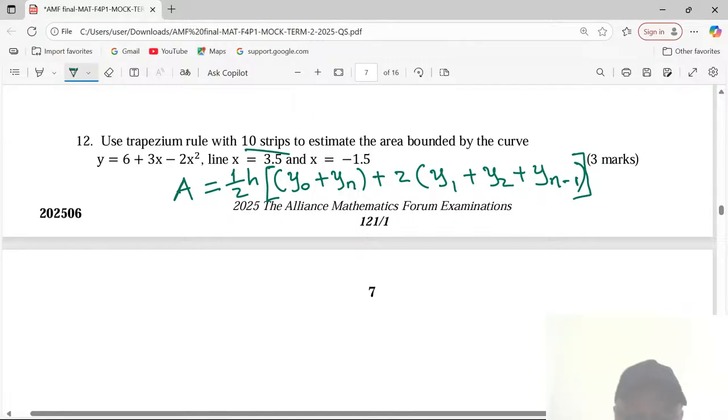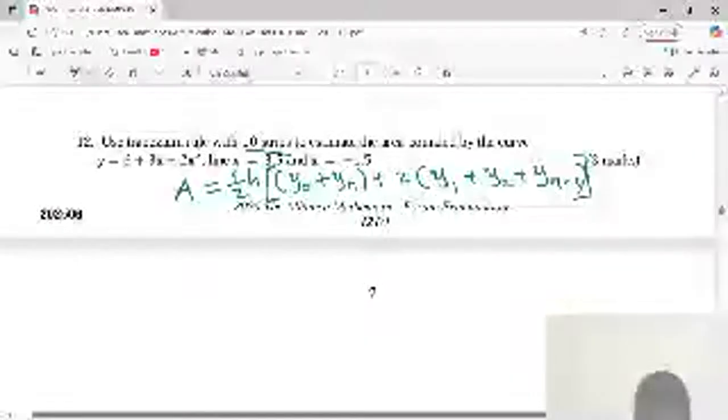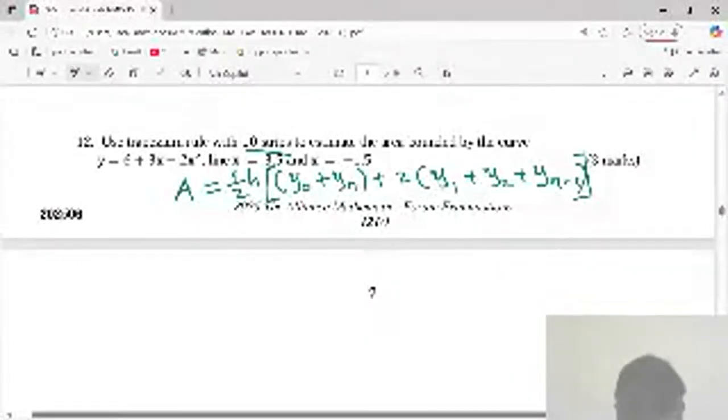So that's how we get the area using the trapezium rule. The formula first. Now, how do we substitute in this formula? We are supposed to substitute some known heights of this particular curve.